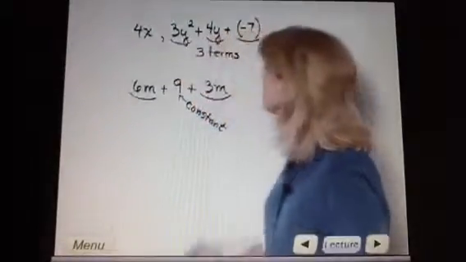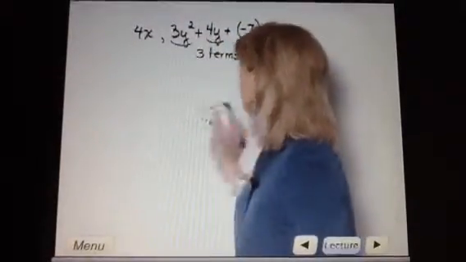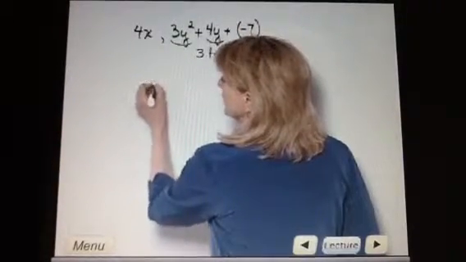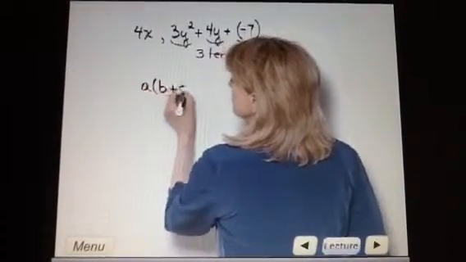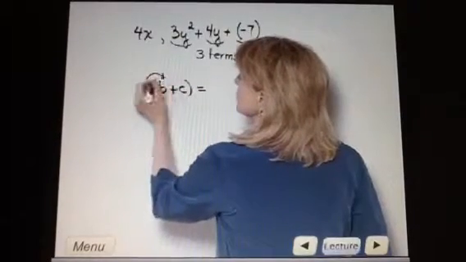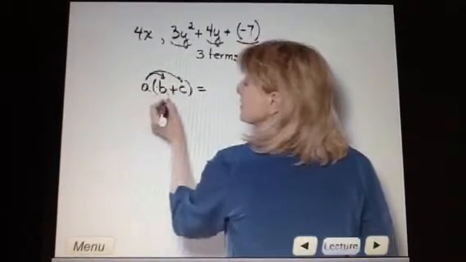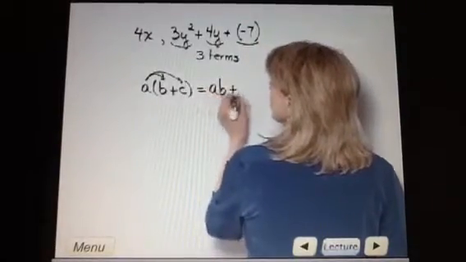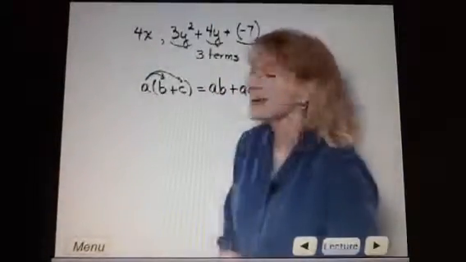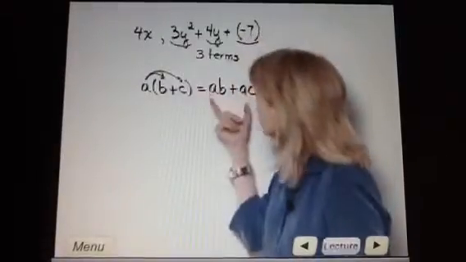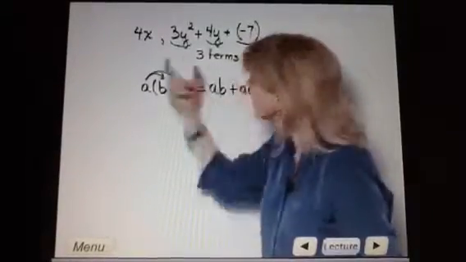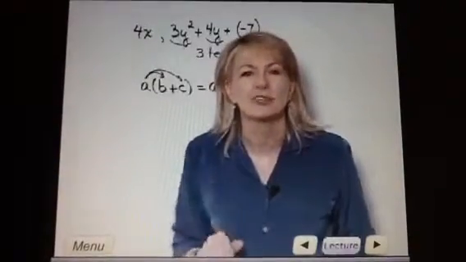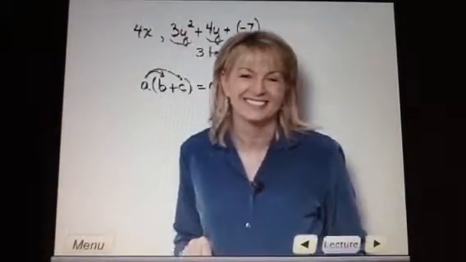Now, let's review that distributive property for just a moment. We used to say that, for example, A times (B plus C) is equal to A times B plus A times C. But notice you can also read this from right to left. And that's what we'll look at right now. Let's look at that portion of the distributive property.